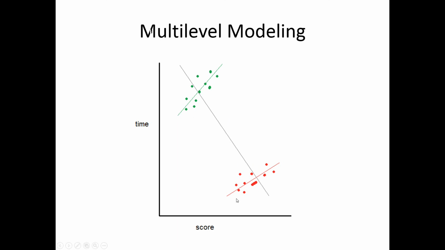It would probably be better to first analyze data from each class independently, and then look at whether the correlations between time and scores are similar across all the classes.